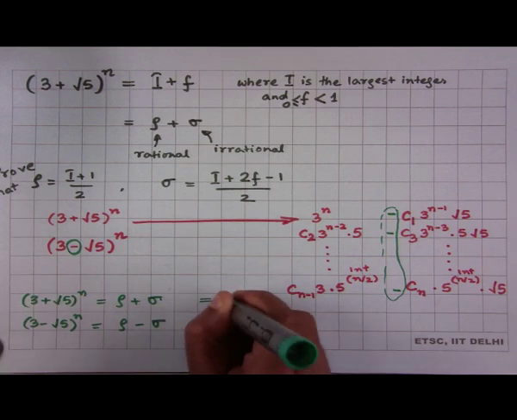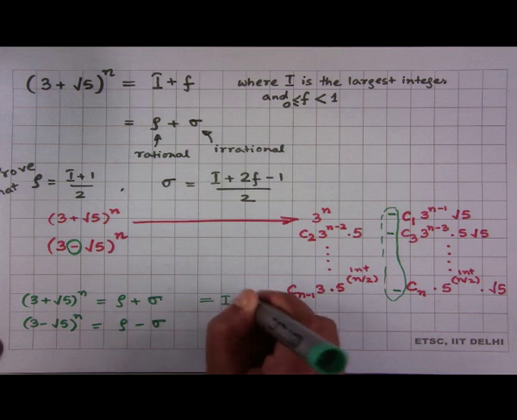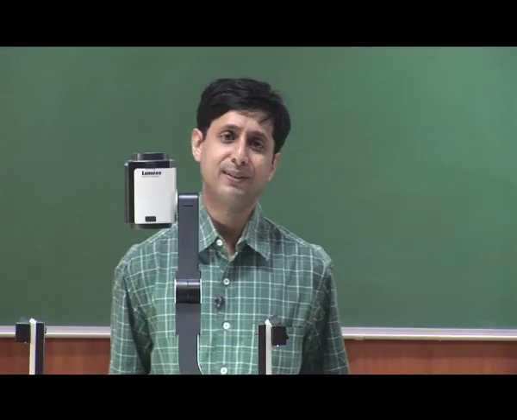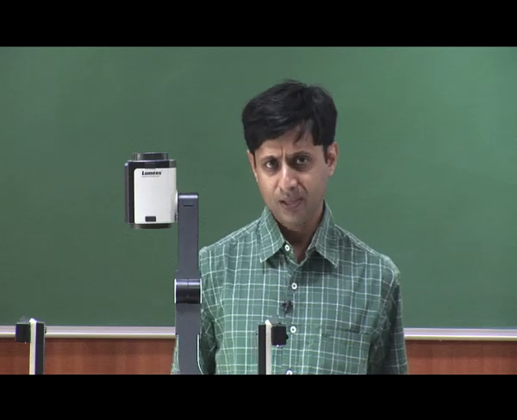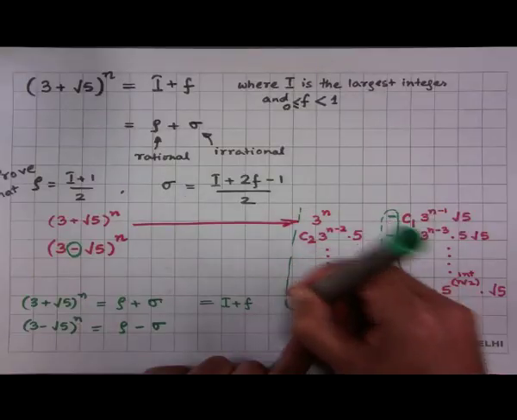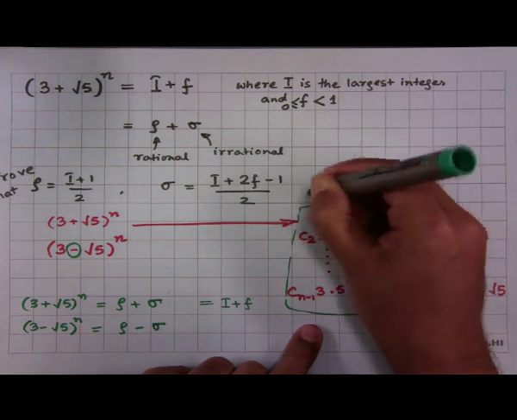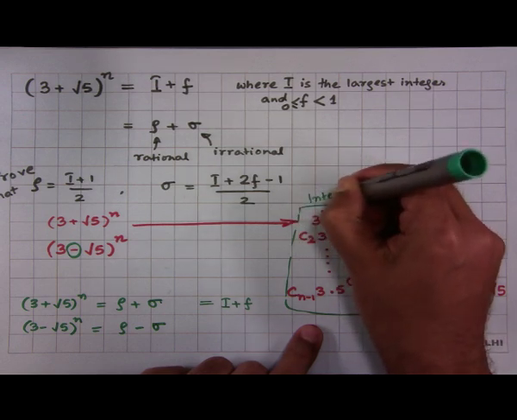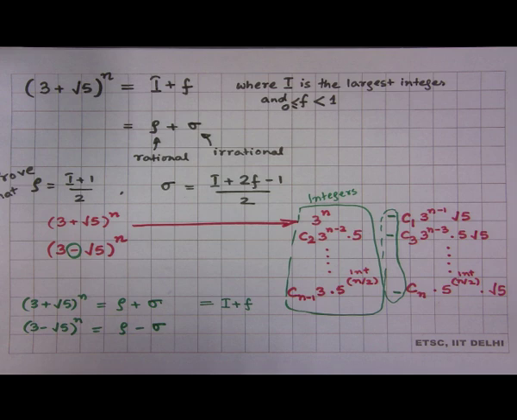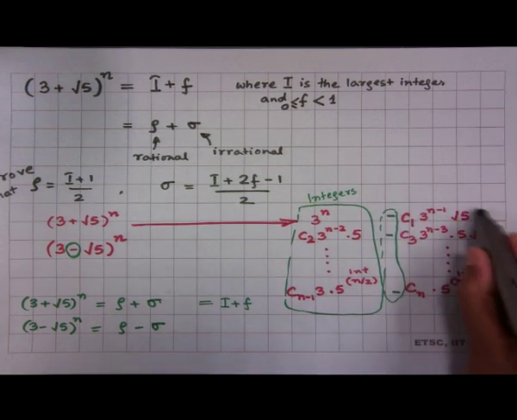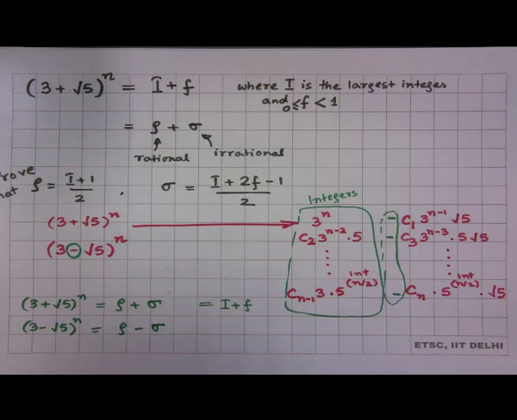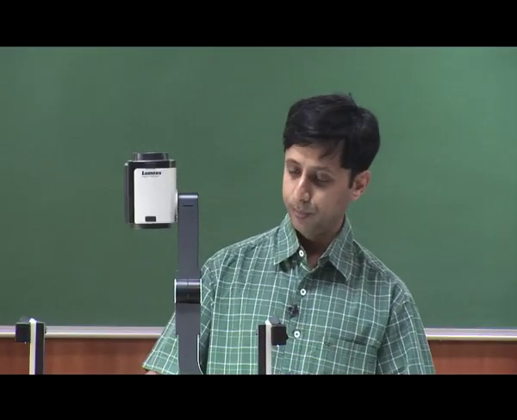Okay. Now, this is also equal to I plus f, where I is the integer part and f is some fractional part. But 3 minus root 5 whole power n, what is that going to be equal to? So, these are all integers, so you do not have to worry about these, and inside of this, root 5, for example, is something more than 2, right, 2 plus a fraction.